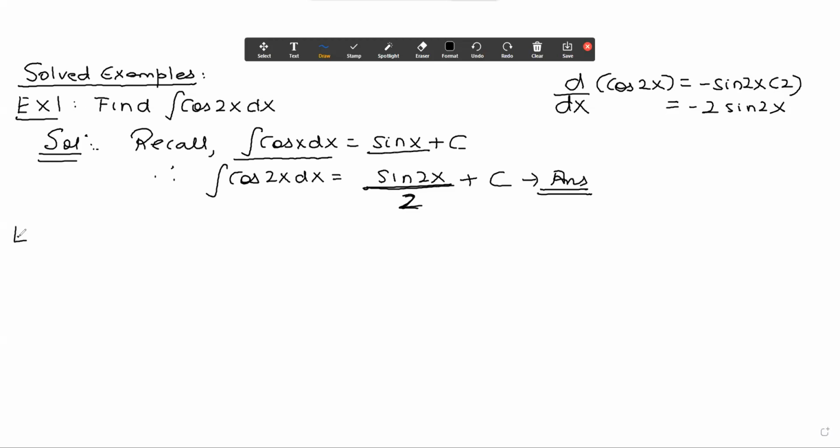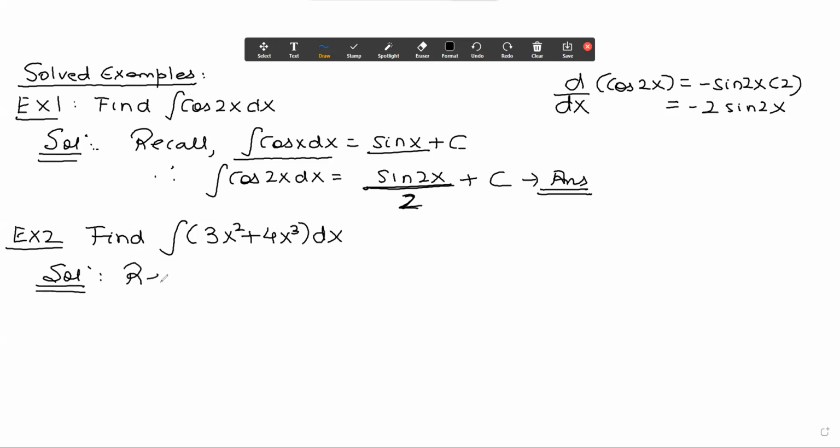Similarly, example 2, find integral 3x square plus 4x cube dx. So this will be, recall that integral of x to the power n dx is x to the power n plus 1 upon n plus 1 plus c.